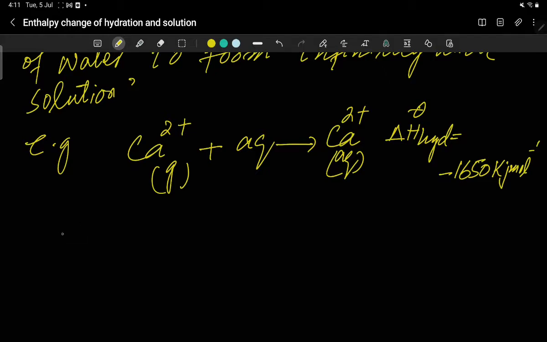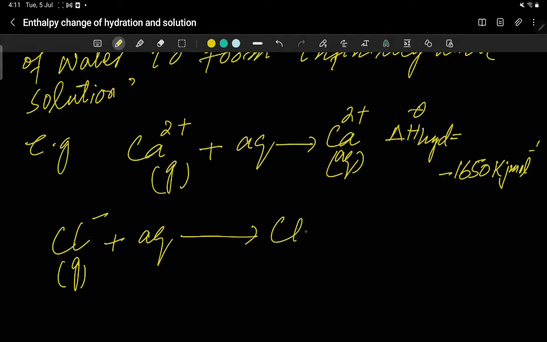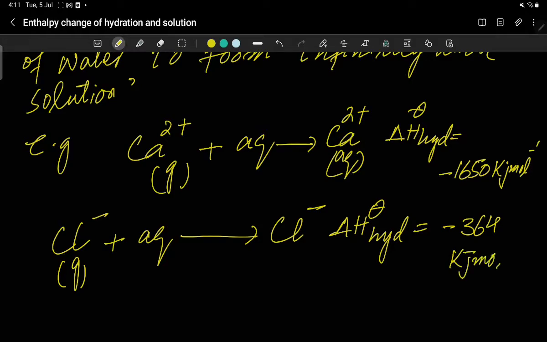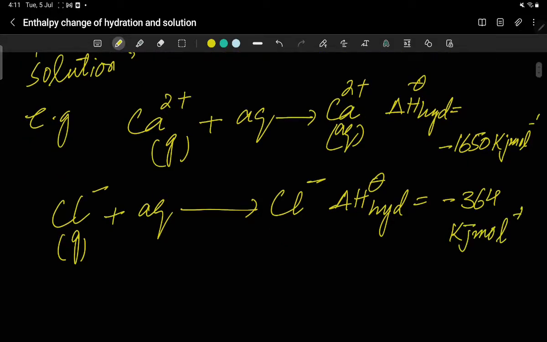And similarly, chloride ions in gaseous state when dissolved in excess of water to form aqueous chloride ions, and delta H hydration of chloride is equal to minus 364 kilojoule mole inverse 1.